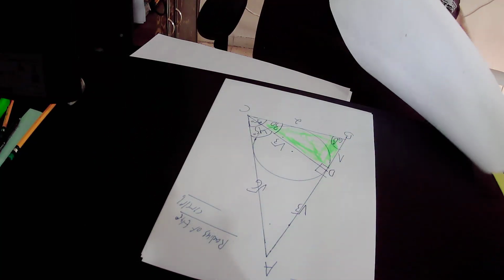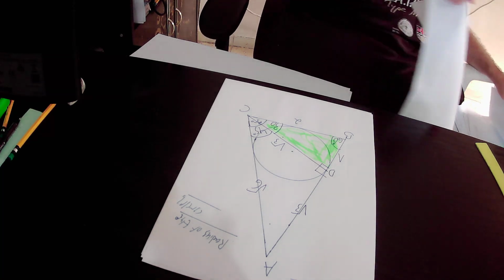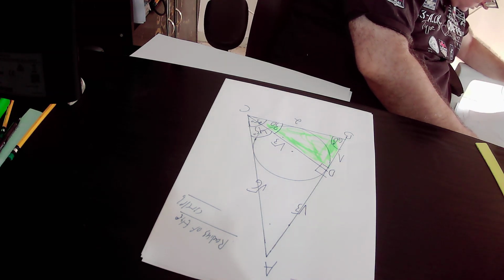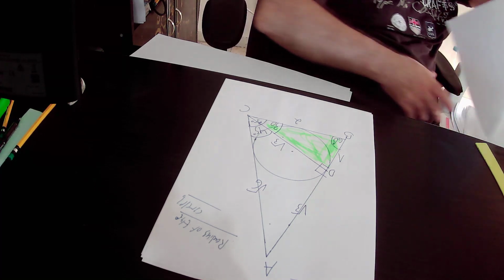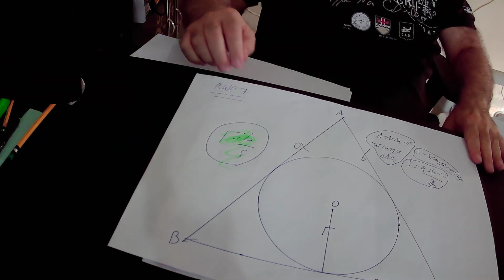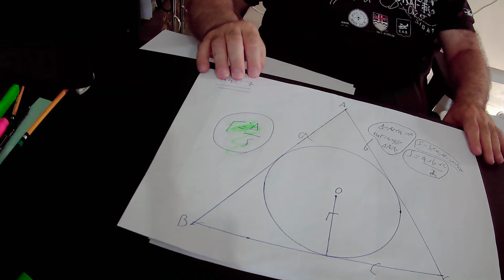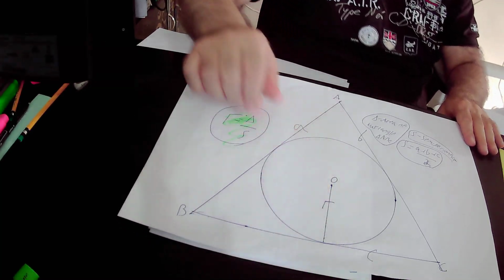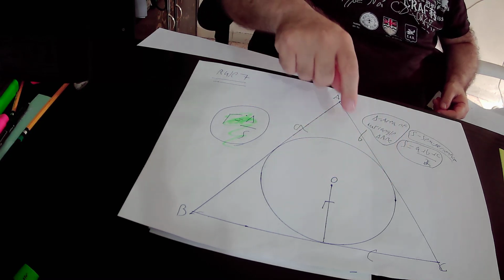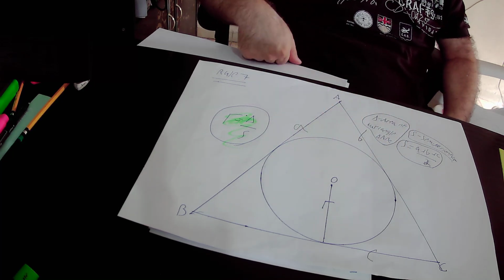So here we have rule number 7. According to rule number 7, we have this circle with radius r that is inscribed by this triangle ABC, that could be any triangle.